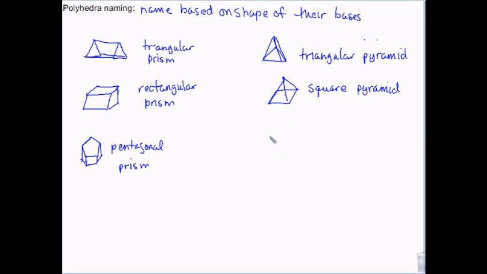So hexagon, right? A bad hexagon, but still it's a hexagon. So you'd have a hexagonal pyramid, and so on.